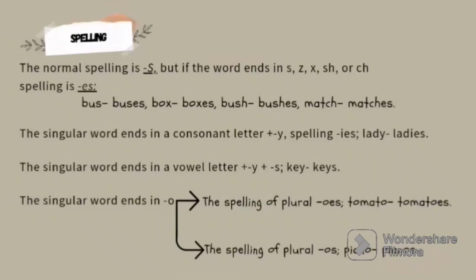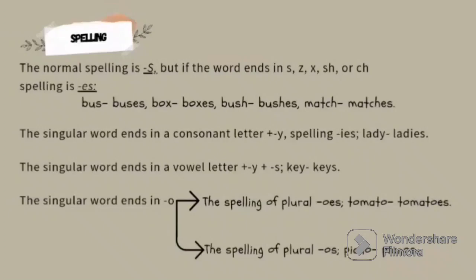Fly, flies. Lady, ladies. Army, armies. In another category, when the singular noun ends in a vowel letter plus y, however, the spelling is s. For example, boy, boys, day, days.